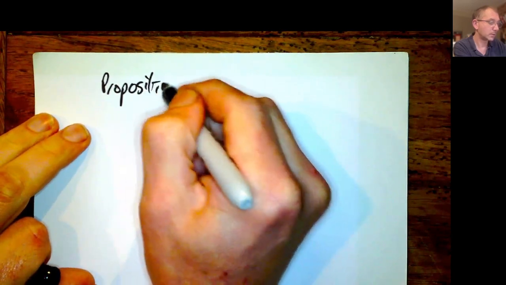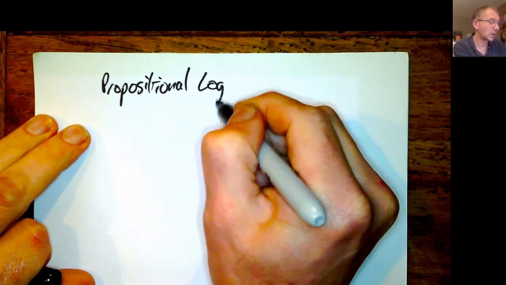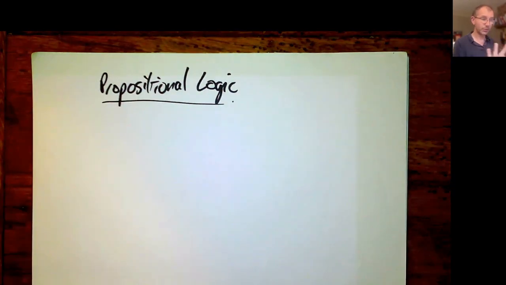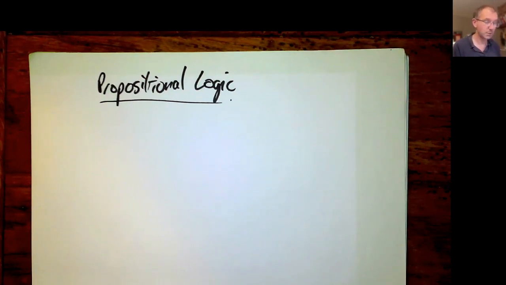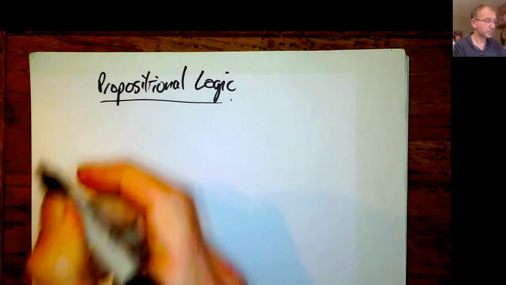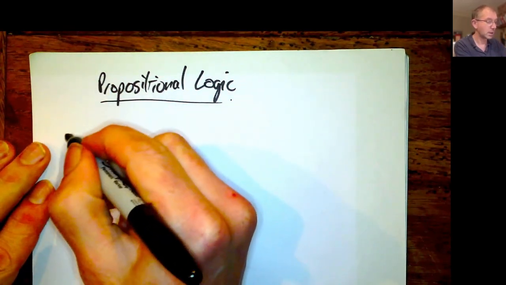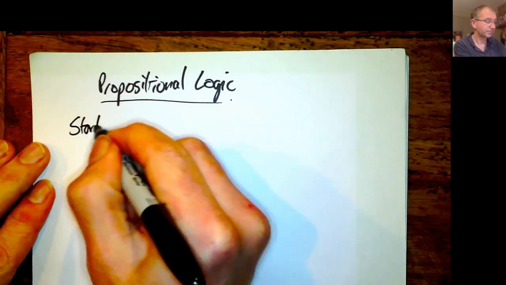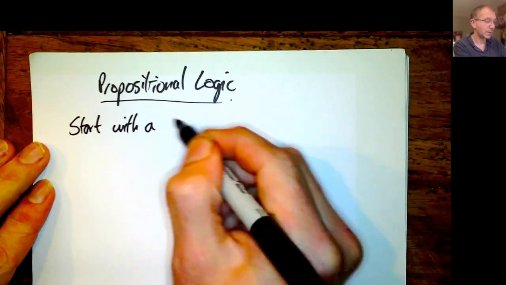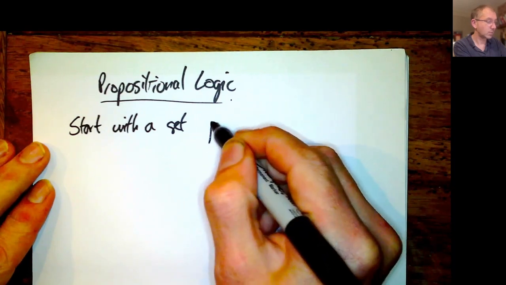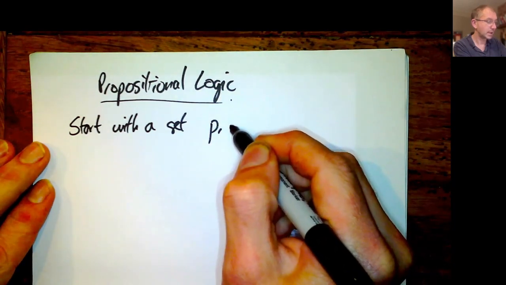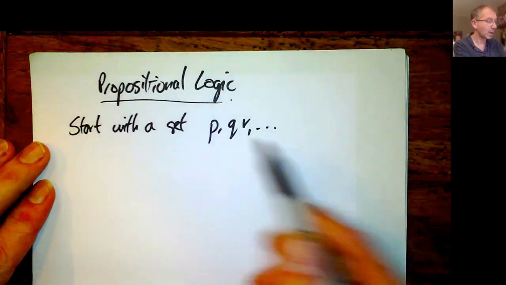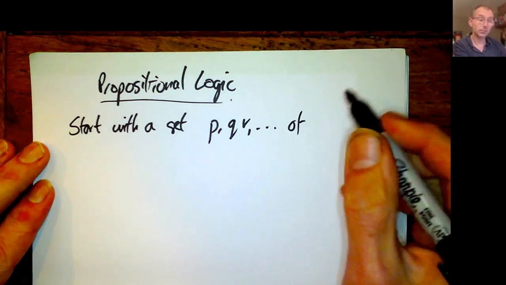So this is a very grand word for what is the most basic form of combination of logical statements, but the reason it's called this is because we start with a bunch of propositions. So start with a set, and we can make it as large as we want, basically, but a set P, Q, R, etc. of what we're going to call propositions.